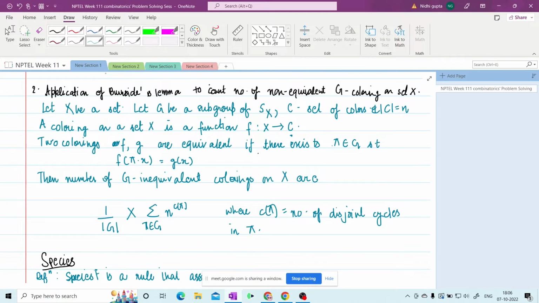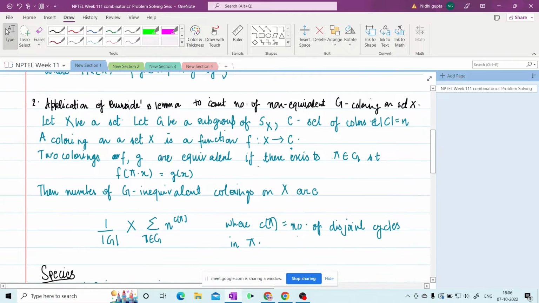Any permutation pi can be written as a product of disjoint cycles, and the number of disjoint cycles in pi is C of pi. So this is the application.